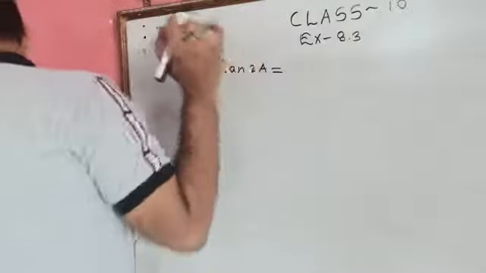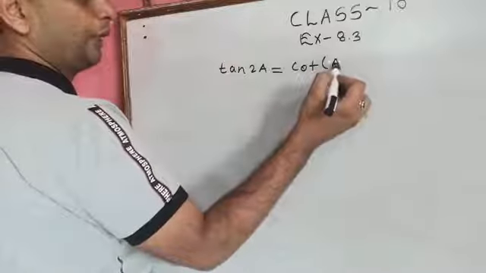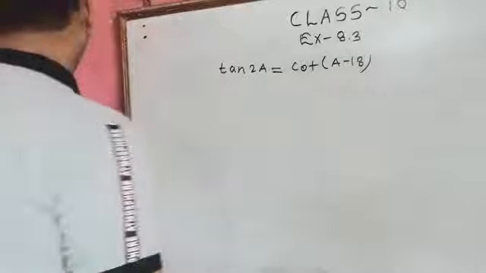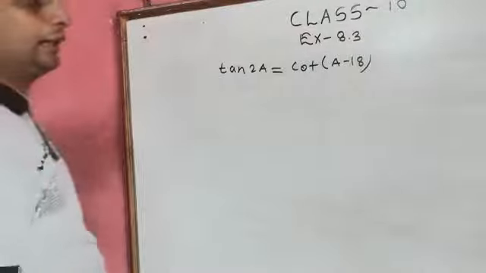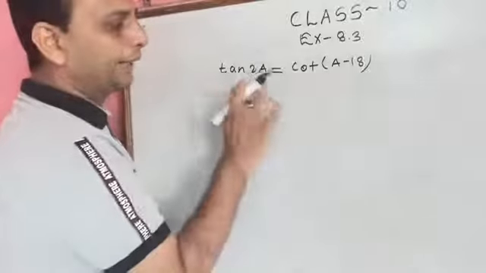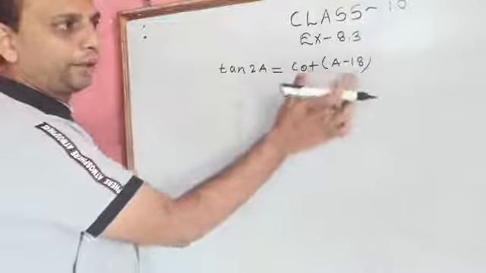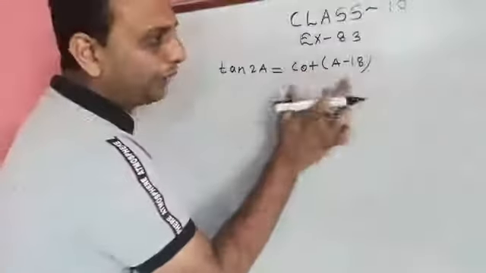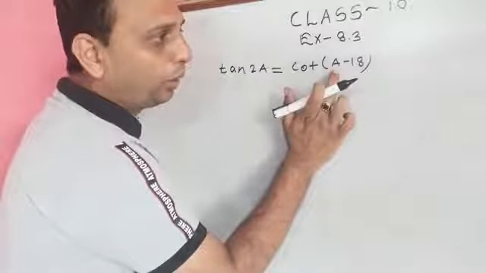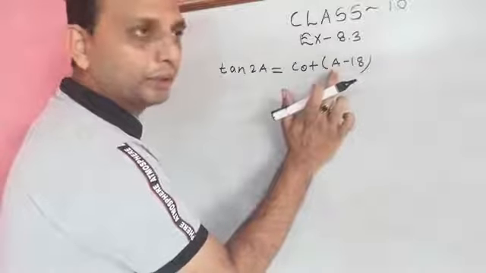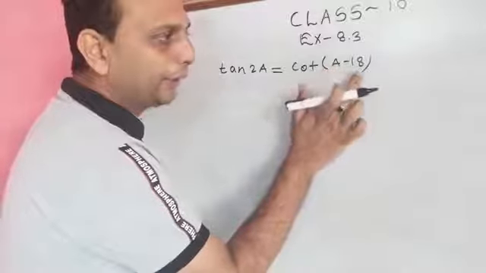Tan 2A is cot (A minus 18), and we have to find the value of angle A, and it is written that 2A is the acute angle. So here you can see tan 2A is there, and here cot (A minus 18). These angles we can't change, because in all the trigonometric ratios we have to subtract the angle from 90. Here the angle is subtracted from 18.